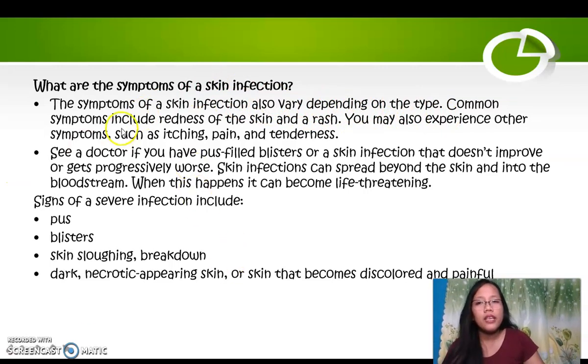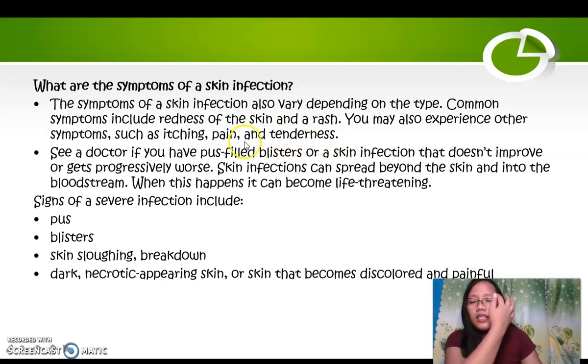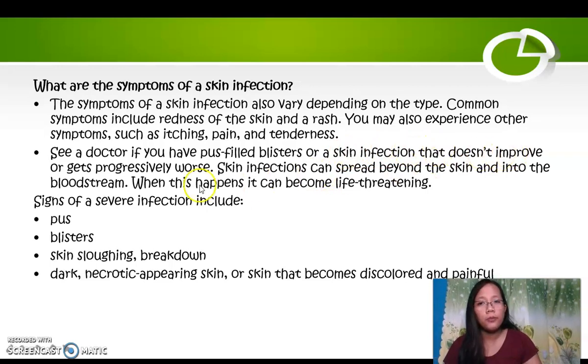Common symptoms include redness of the skin and a rash. You may also experience other symptoms such as itching, pain, and tenderness. So if you feel any symptoms, see a doctor if you have pus-filled blisters or a skin infection that doesn't improve or gets progressively worse.